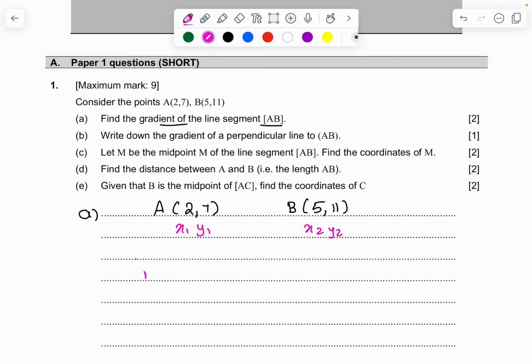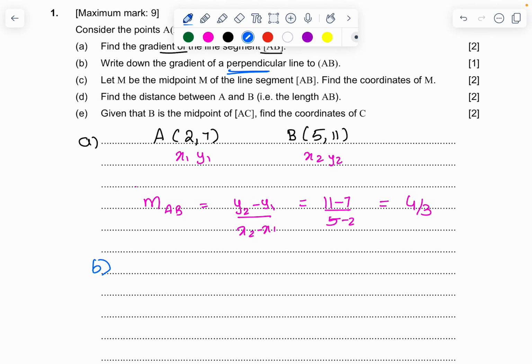The gradient formula is y2 minus y1 by x2 minus x1, which is 11 minus 7 by 5 minus 2, which is going to be 4 upon 3. Then write down the gradient of the perpendicular line. Part B, perpendicular line. If the line is perpendicular, what am I going to do? Do the reciprocal of that, 3 upon 4, and change the sign to minus.